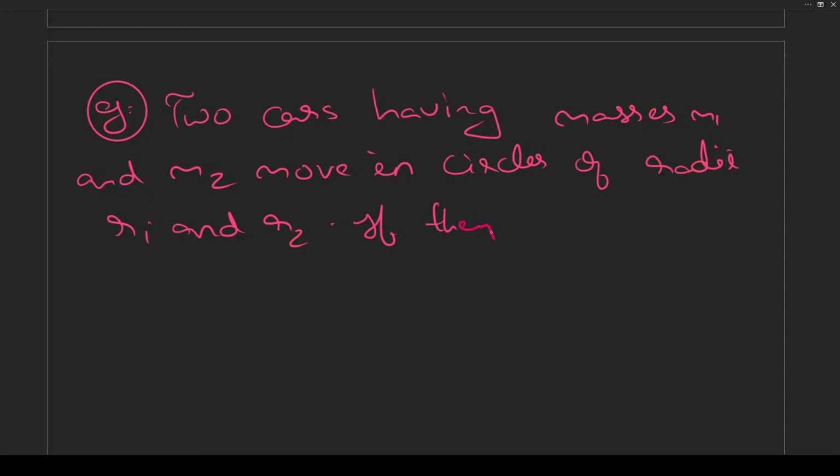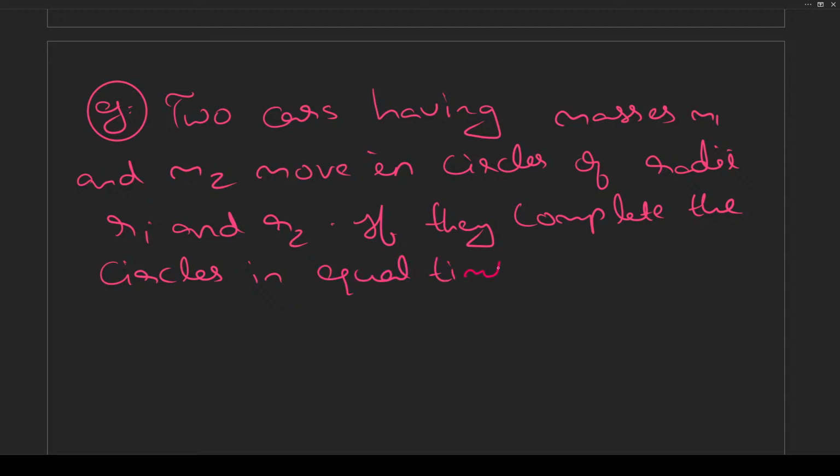If they complete the circles in equal time, the ratio of their angular speed, that is omega 1 by omega 2, is.